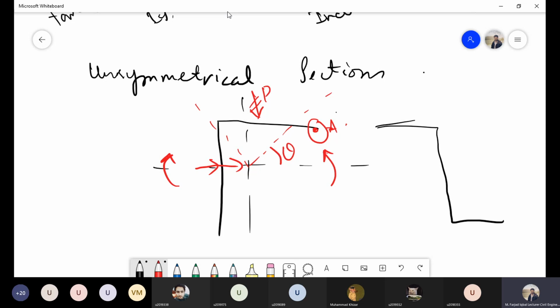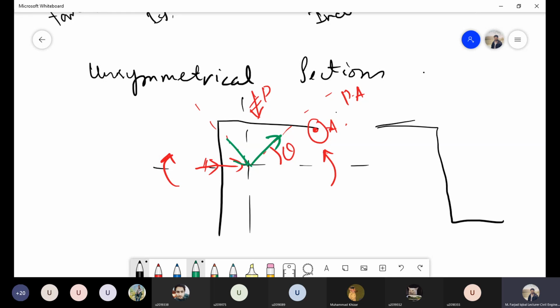The only difference is that in the case of a symmetrical section, we were supposed to transform these moments onto the horizontal and vertical axes, because those were the principal axes, but in this case we will transform these moments onto this inclined principal axis, which I have shown with this green line.